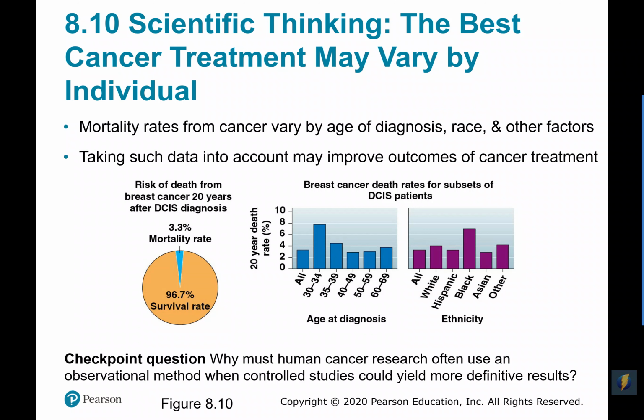But why do we not use controlled studies for cancer? Do you think it's ethical to expose somebody to cancer? Probably not, right? So we have to use observational studies because you can't exactly say, here, person, we're trying to test this medicine. Let me give you cancer to see if this medicine works. Doesn't quite work that way, does it?